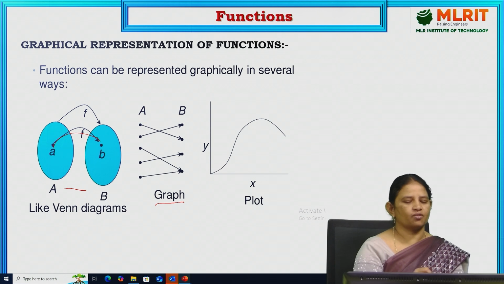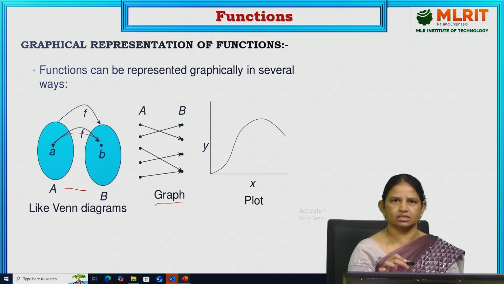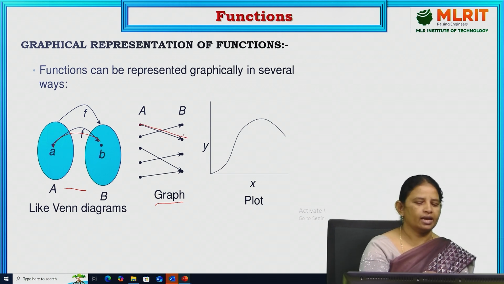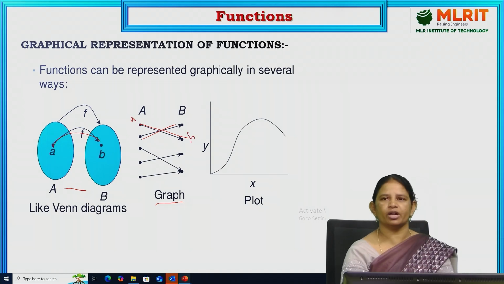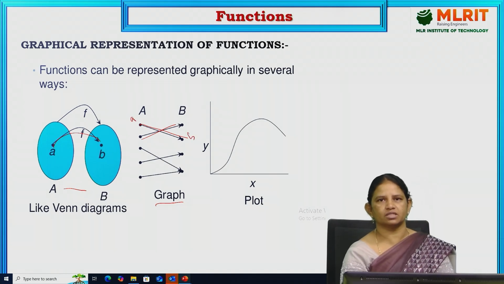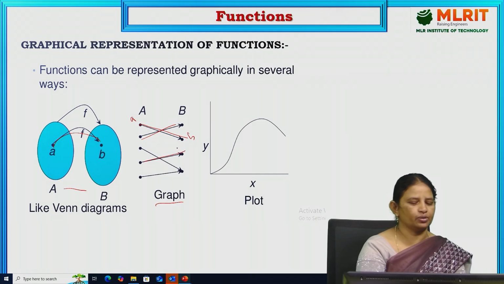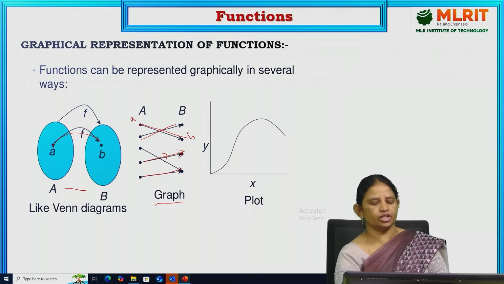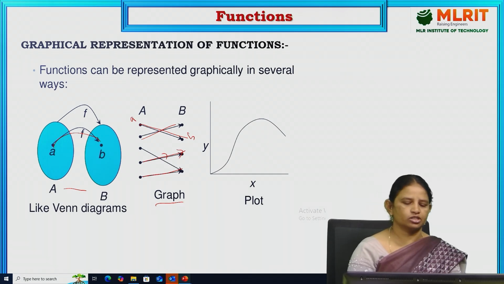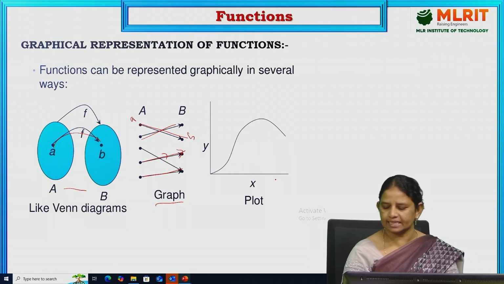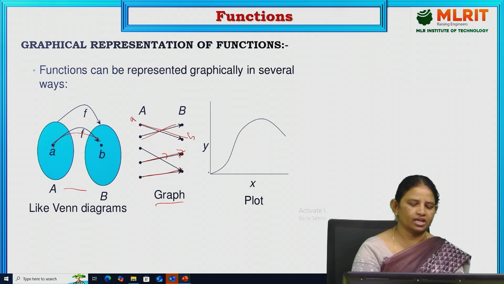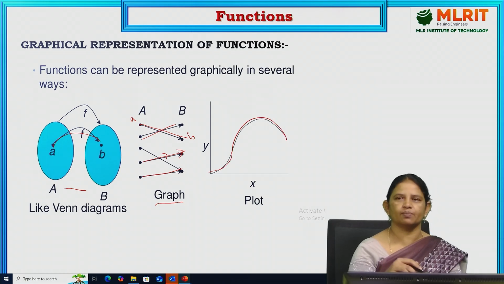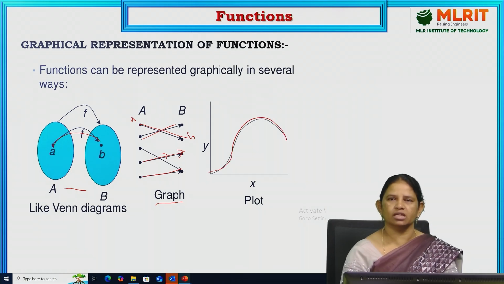In a graph, we use edges with arrow marks to represent the relation between an element of set A and an element of set B. Next, we can draw a plot. In a plot, we take the x-axis as well as the y-axis, and if the relation exists, we represent it by drawing points on the graph.